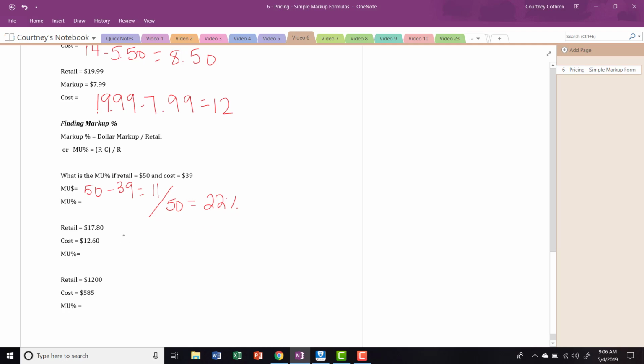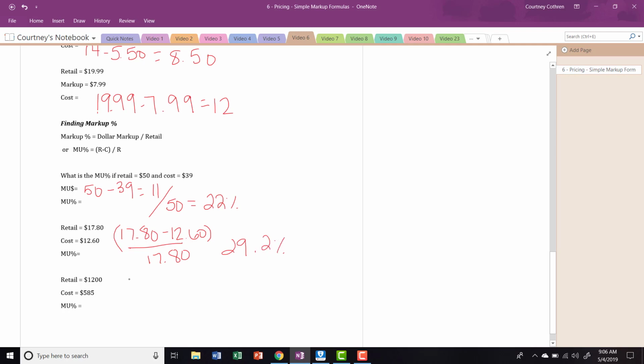So generally what I do when I write this out is I would do 1780 minus 1260 divided by 1780. If you are doing these on Excel, you must put parentheses around the top to tell Excel to subtract first. So 1780 minus 1260 divided by 1780, and I just put the whole thing into my calculator at once, is 29.2%.